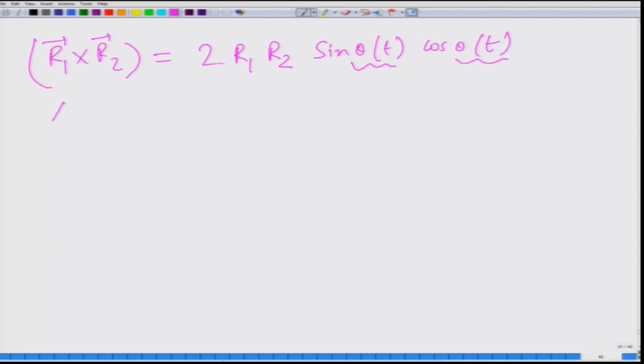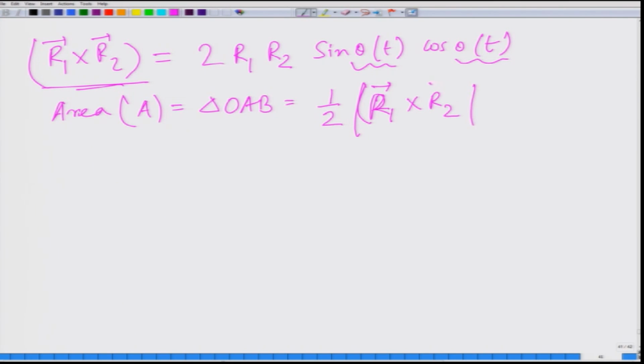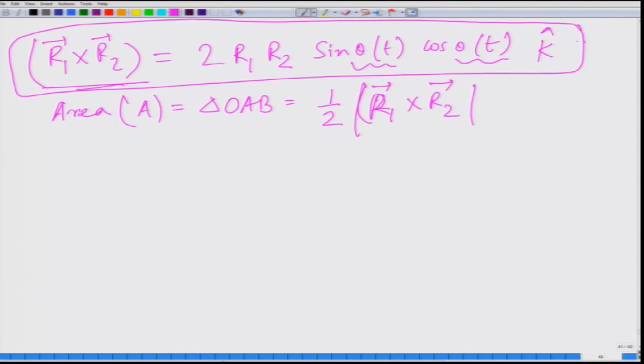So now I know the area. Let us call it A. Area A is the area of OAB, which is half of the magnitude of r1 cross r2. This is a vector, so I am writing it like this, along the k direction. So now I write it as half.